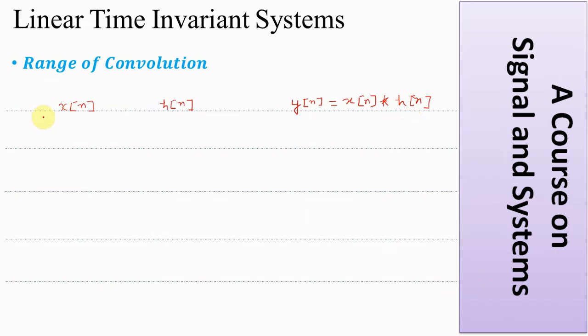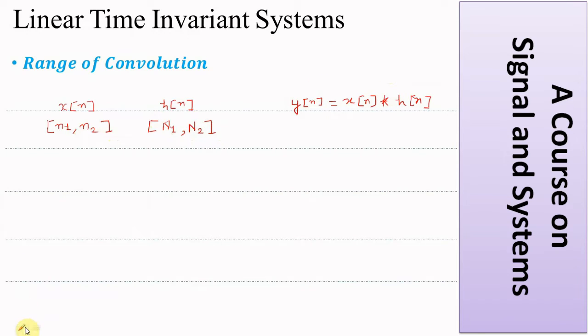Now let us assume that xn exists for values of time starting at n1 and going up to n2. Similarly, hn starts at say capital N1 and in time exists up to capital N2.